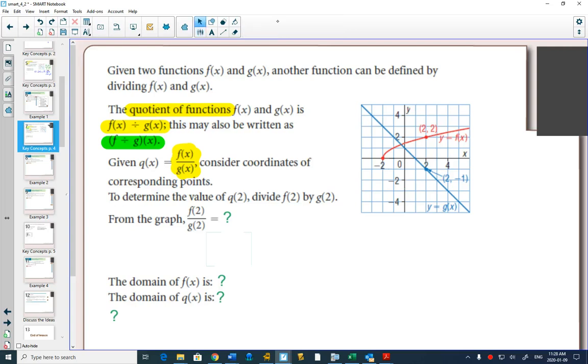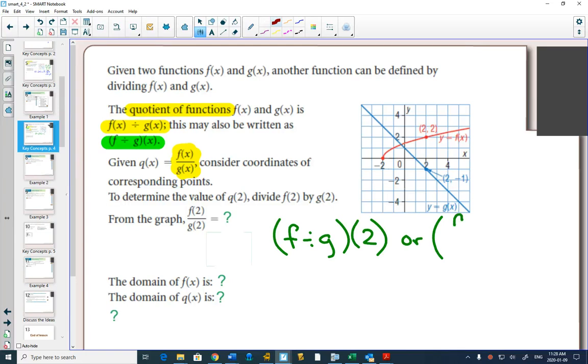So if we had an example of not nice notation, you might have f divided by g of 2, or I've seen it written like this as not nice notation.